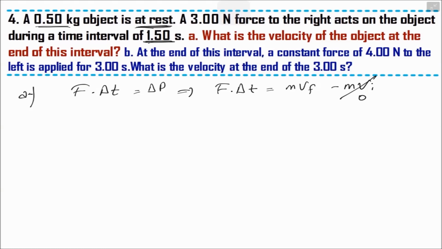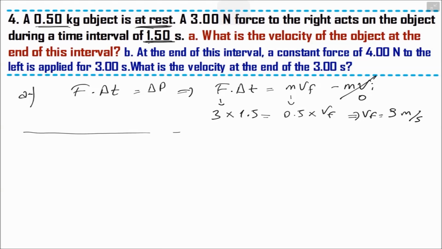So F is 3 times the time given, 1.5, equals mass 0.5 times V final. If you divide both sides by 0.5, V final will be 9 meters per second.